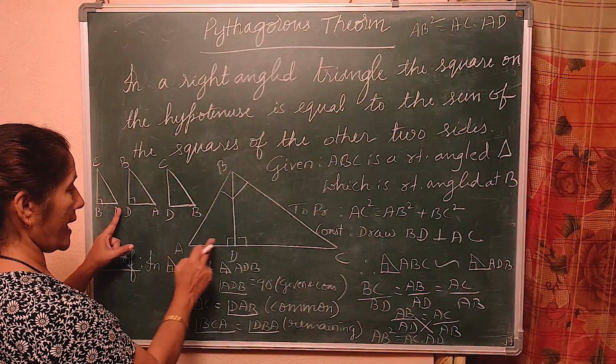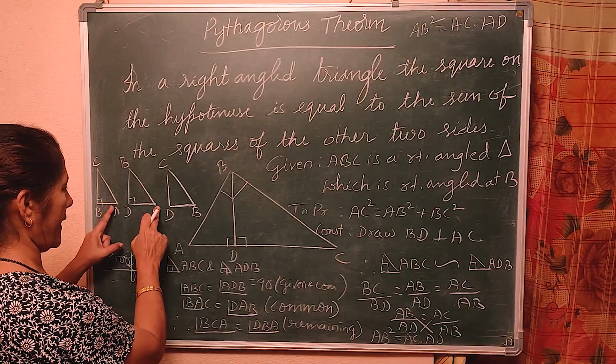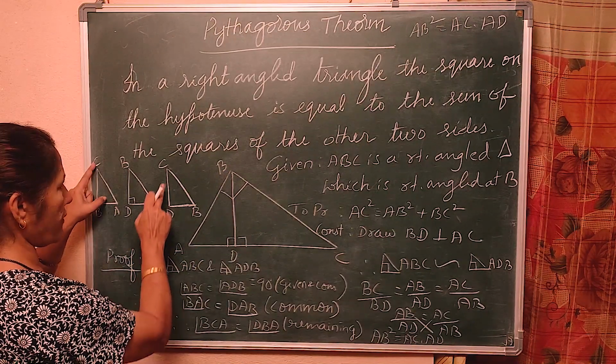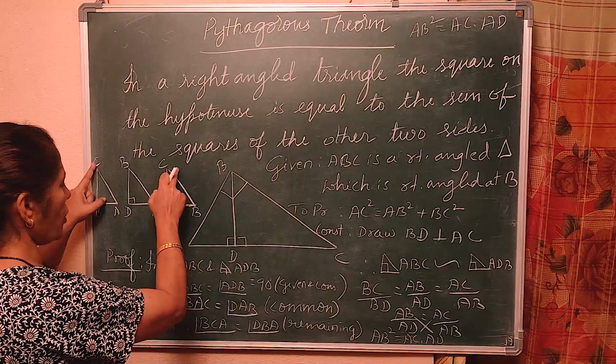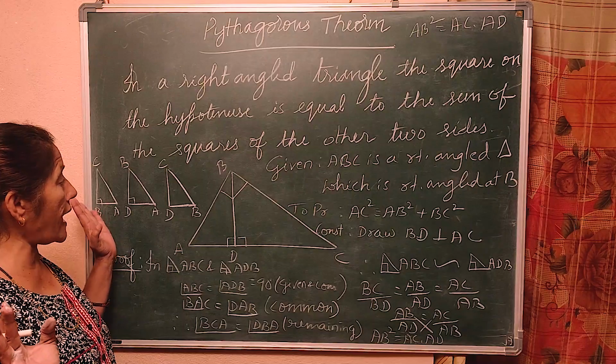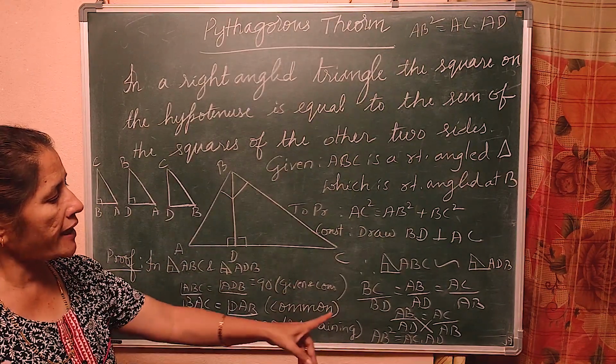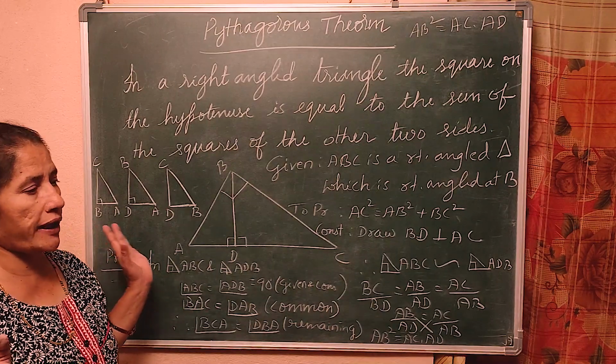A, B, A, C and B, A, D. That is why I wrote A and A. Automatically the other one, C, will be common. So, it is very easy for me to prove that they are similar. So, I proved these are similar and I got AB square is equal to AC into AD.